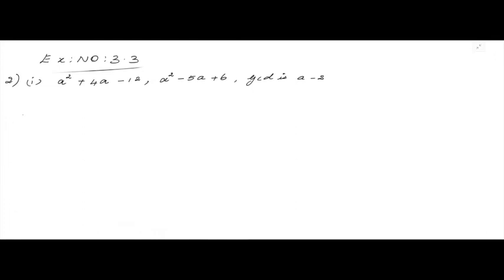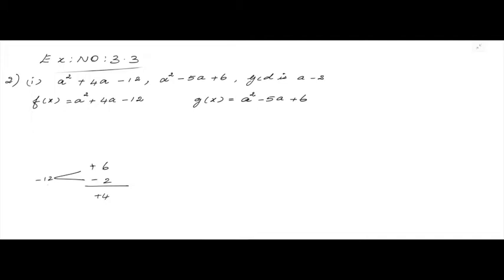Next sum. Find the LCM of each pair of the following polynomials. Here two polynomials are given, that is we will consider as f of x and g of x, and GCD is given, and you are asked to find LCM. First you take this f of x and g of x. First of all you factorize it. Minus 12 plus 4. When you multiply these two, are you getting minus 12?